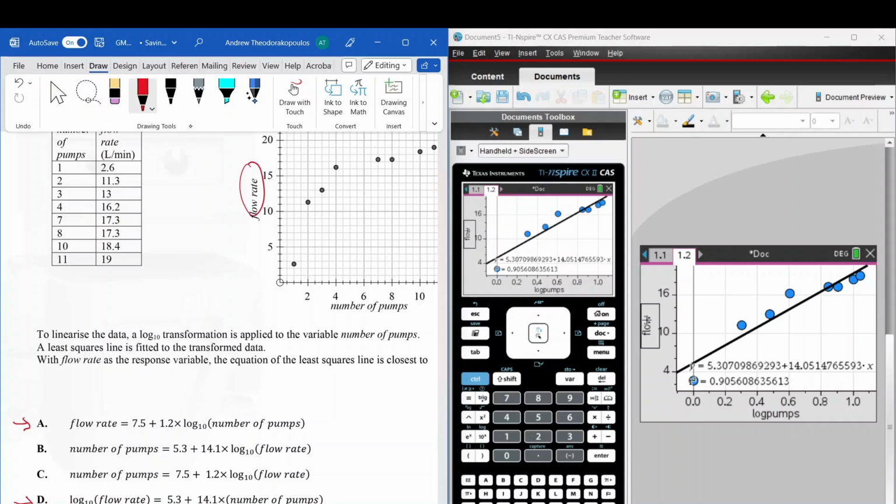Well, we've been asked to find the log of the pumps, so we've crossed this one out, we've crossed this one out. We're now down to possibly A or B, so we're going to cross out D. Let's just make sure the numbers match now. We've got 5.3 and 14.05, so our answer should be E.